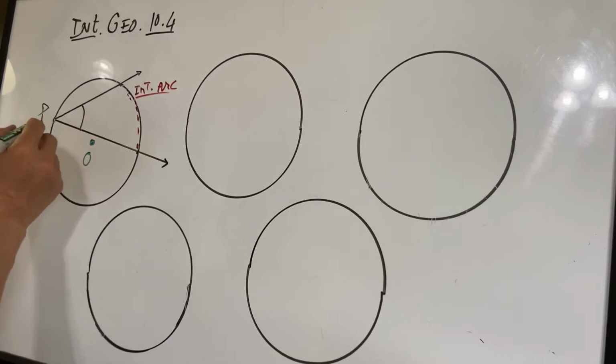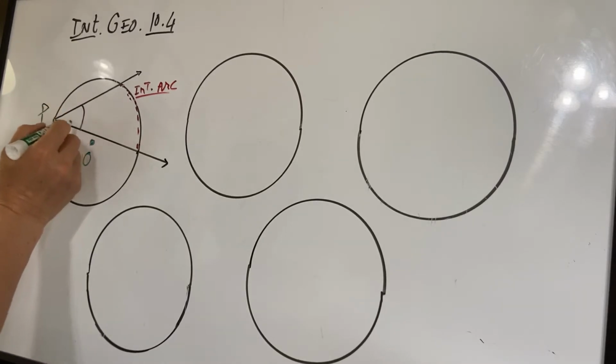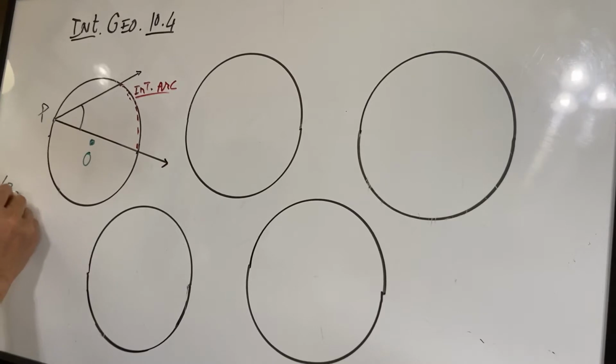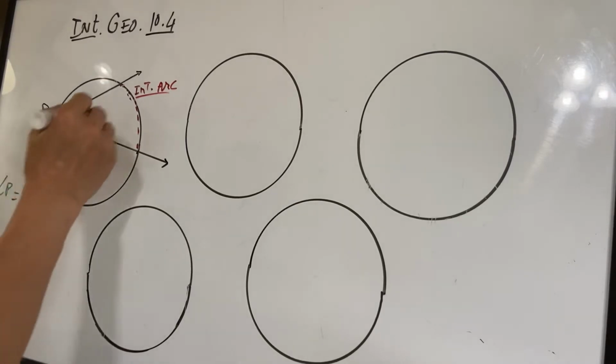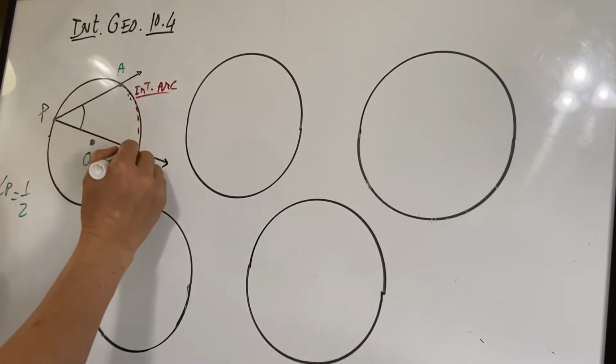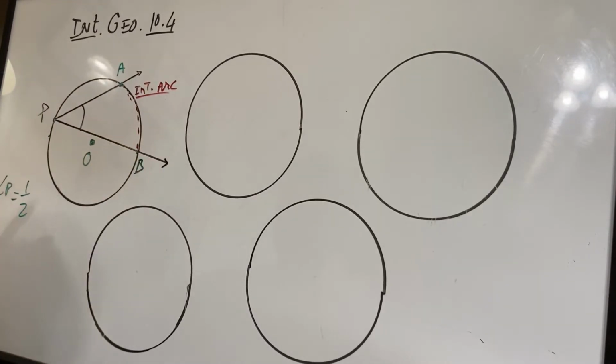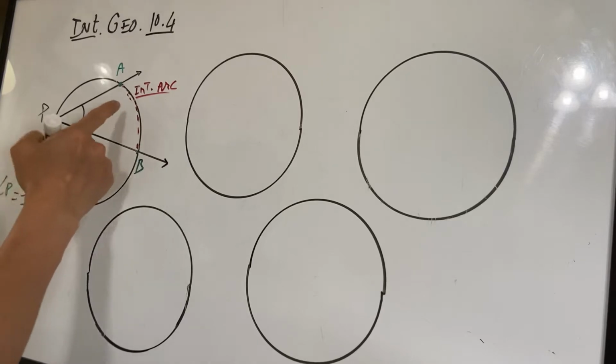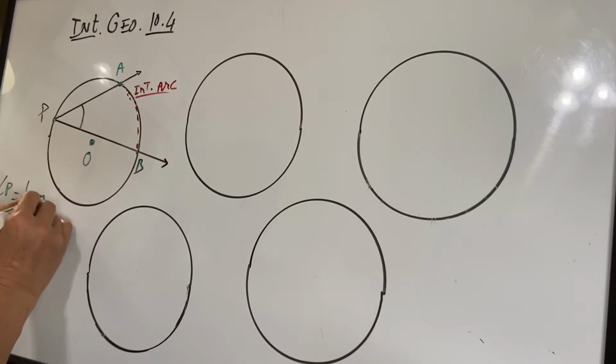By nature, this is the definition: the inscribed angle has a measure of 1/2 of the intercepted arc. Let's call this point A, and this point B. So register that into your brain. The inscribed angle P is 1/2 of the measure of the minor arc AB.